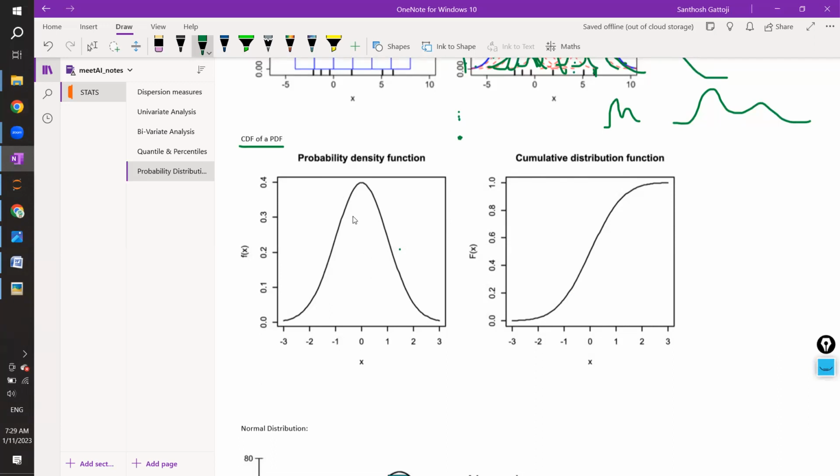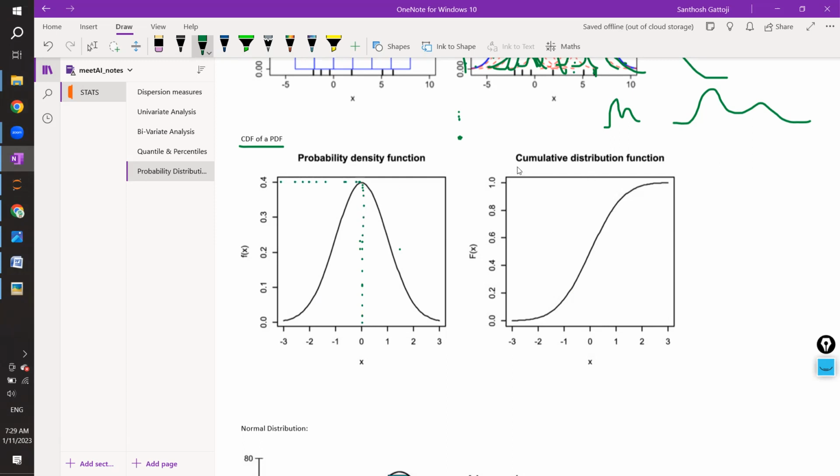Now let's say I am focusing on 0. In the overall graph, if I want to say what is the probability that a given random variable will be found at 0, how much is it, guys? It is 0.4, from this probability density function. Agree?